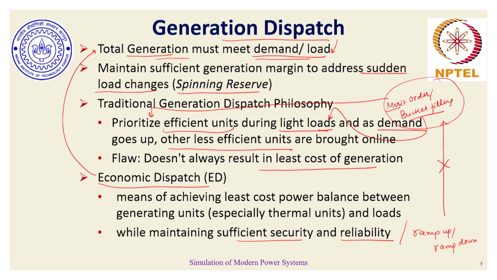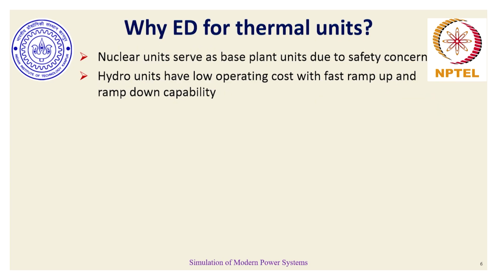Economic dispatch, on the other hand, pre-plans this while ensuring least cost of operation, specifically for thermal units, where the corresponding ramps are very, very high, and also ensures sufficient security and reliability. So the question is, why are thermal units so important or tricky or essential in economic dispatch? Often nuclear units, since they are radioactive based generations, run as base plant. That means their generation doesn't usually change due to safety concerns.